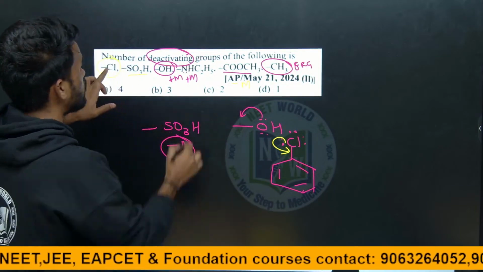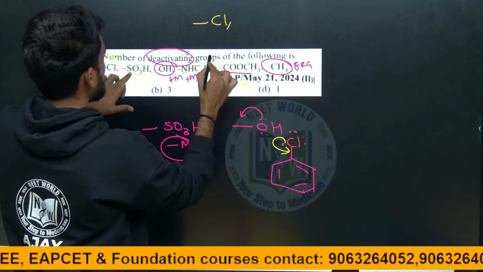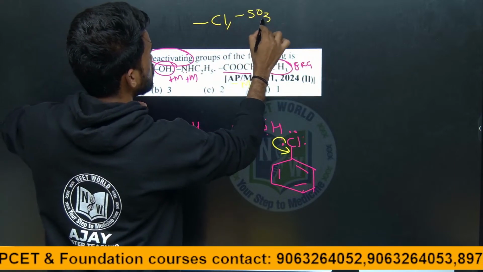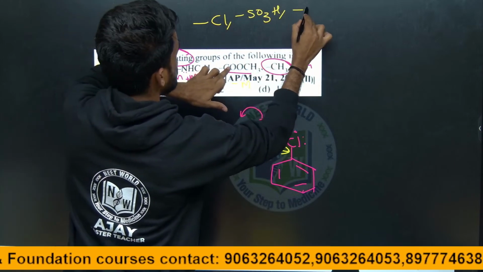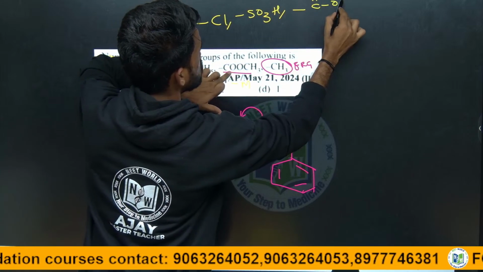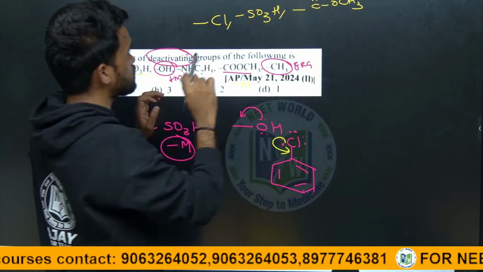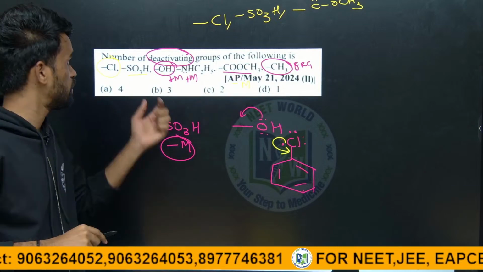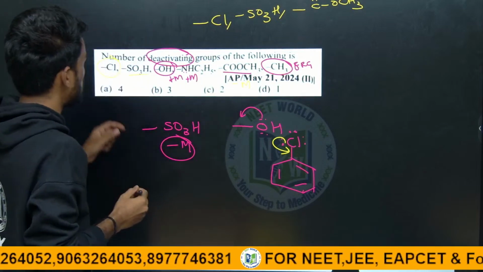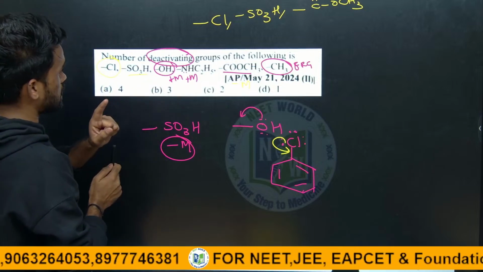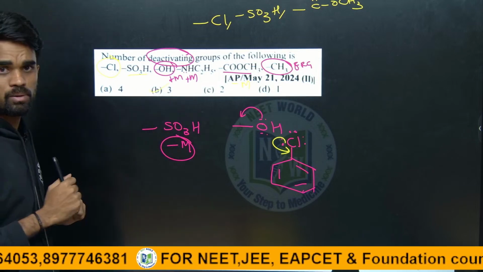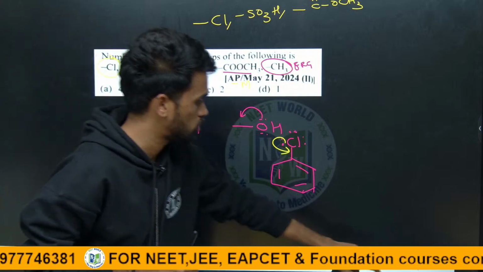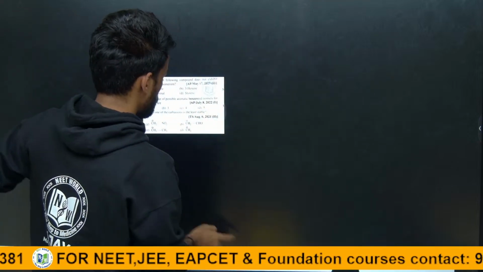Here we have chlorine, another one is the sulfonic acid group, and the last one is this ester group. So these are the ring deactivating groups in the given species. So what is the exact answer for this? Option B will be the suitable answer for this particular question. Let us move further.